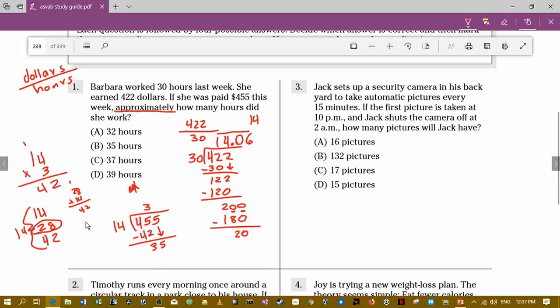We can see it's 2. 14 times 2, of course, is 28. And as you can see here, we already have a good approximation of our answer, namely 32 hours. So in this problem, we had to do 2 instances of long division to get our answer.